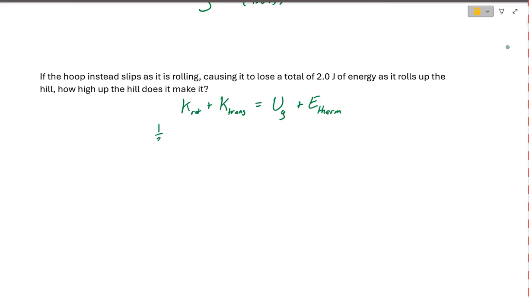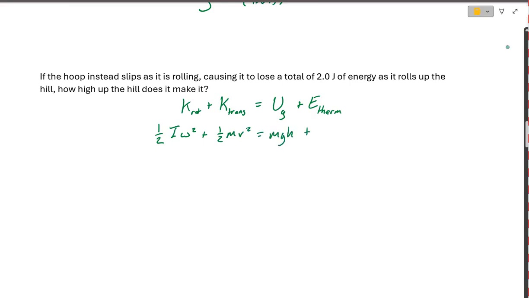So similar setup, 1/2 I omega squared, 1/2 mv squared, oops, not 1/2, mgh, and then just my thermal energy. That's where we'll put those 2 joules. Is any of the work going to be any different other than the 2 joules?